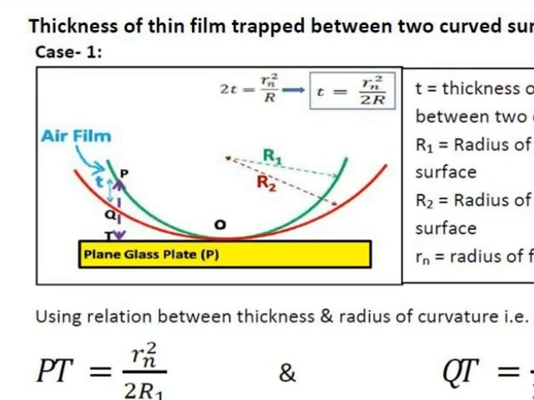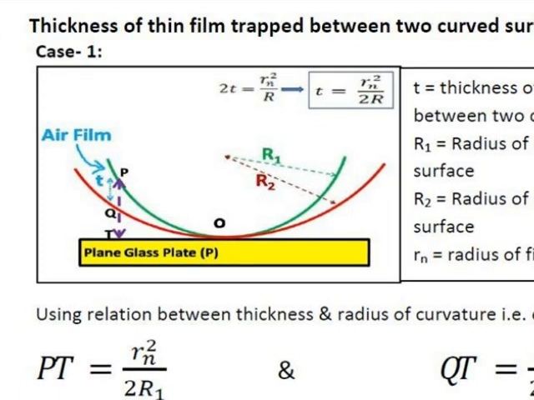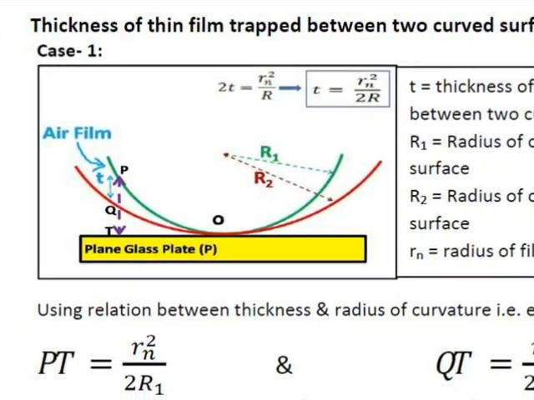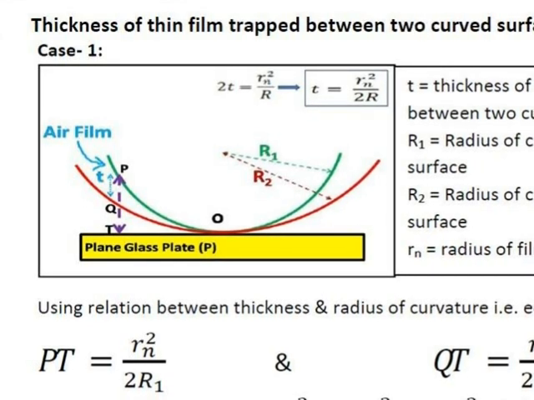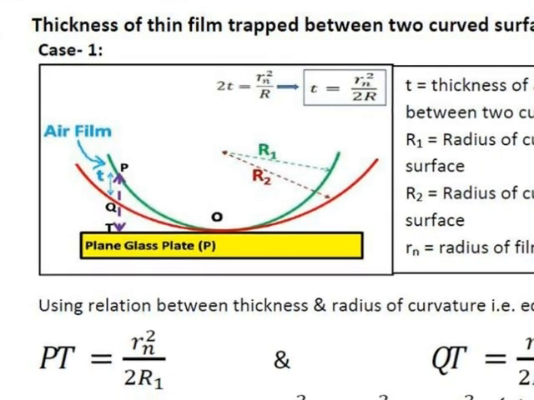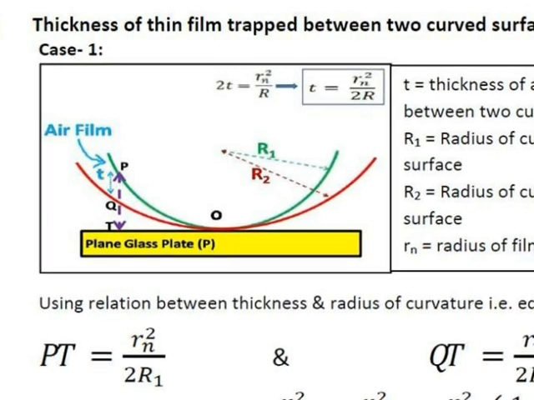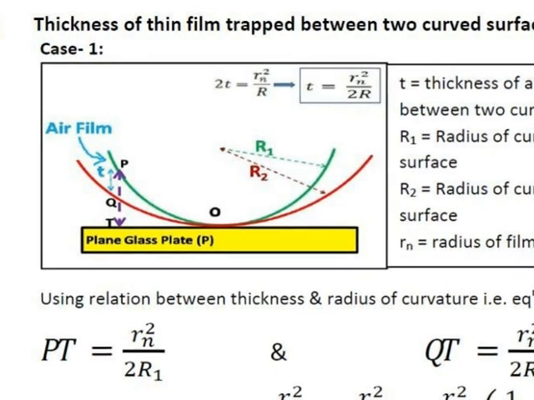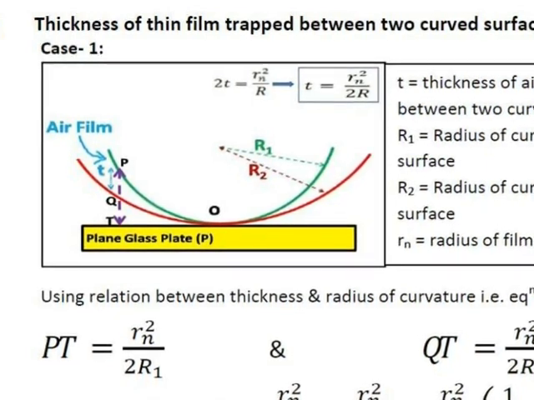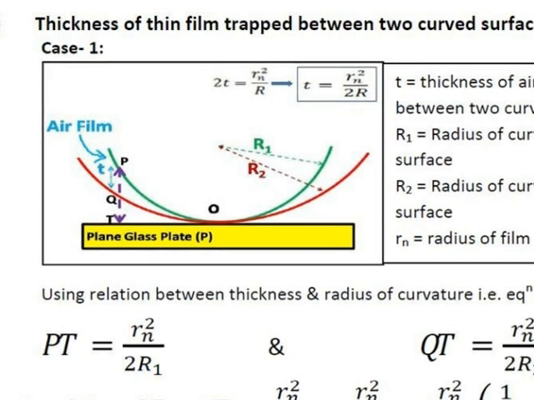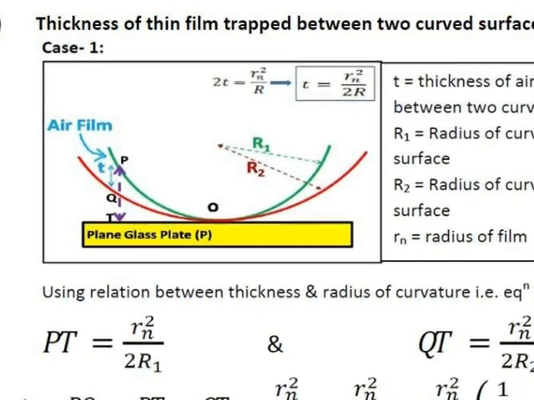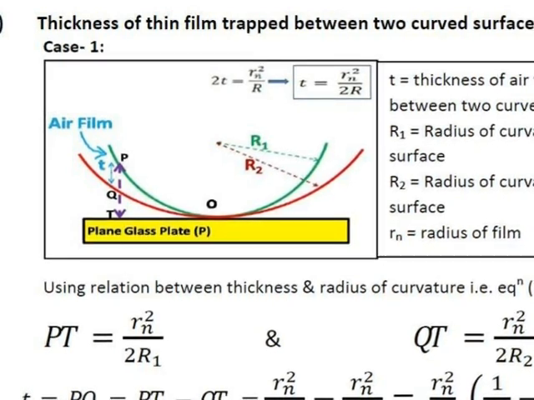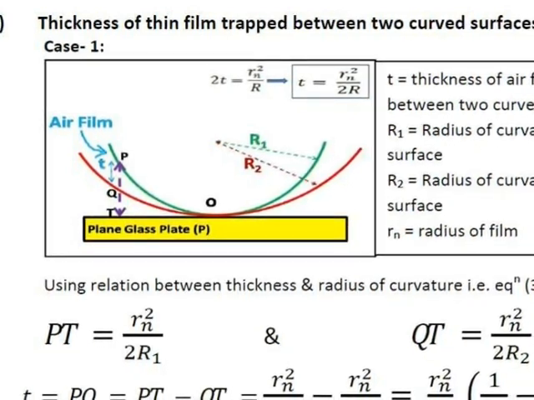Clear? So now come to the point. Suppose, imagine we have only one curved surface. We are considering the green curved surface, whose radius of curvature I have taken as R1. The complete parameters are shown in green color. Now, this plano-convex lens system is placed over a glass plate P. So, what is the thickness of thin film trapped between the green surface and the glass plate?